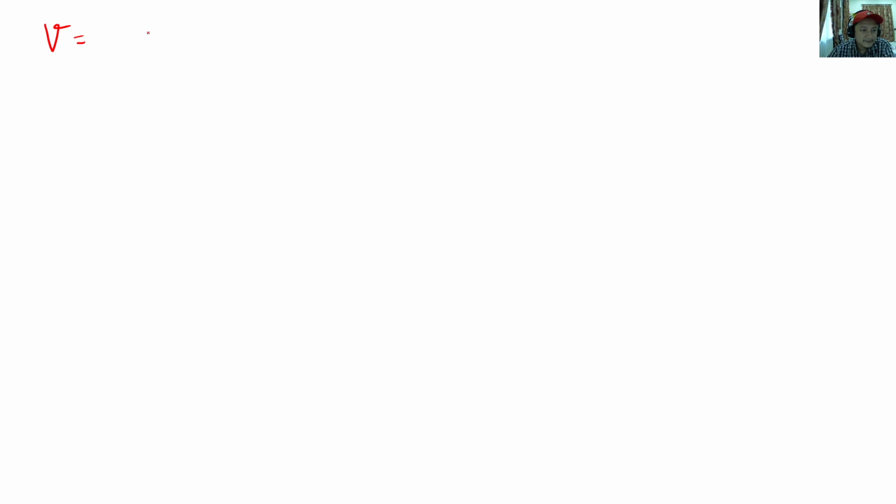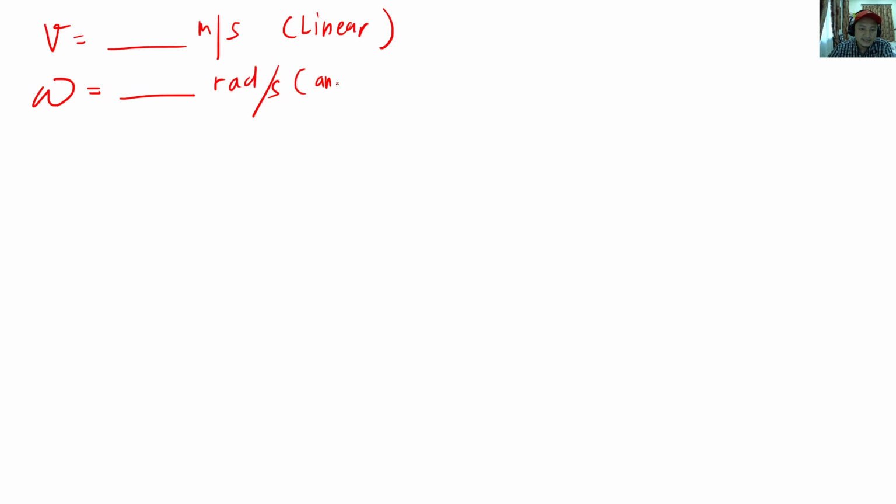V. You're going to get something called meter per second. This is something called velocity. This is for linear. So when you're doing angular, you have something called omega. So this one will be in radian per second. So this one is angular.